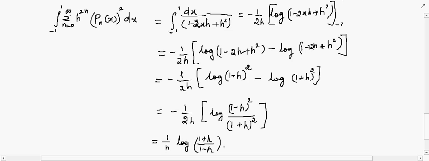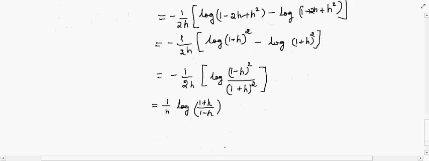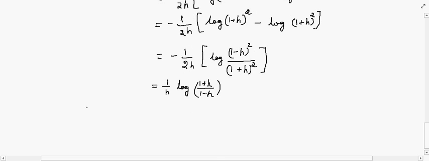Now using the logarithmic formula for log of 1 plus h by 1 minus h, we will get 2 by h into h plus h cube by 3 plus h power 5 by 5, like that, only odd powers of h will come.